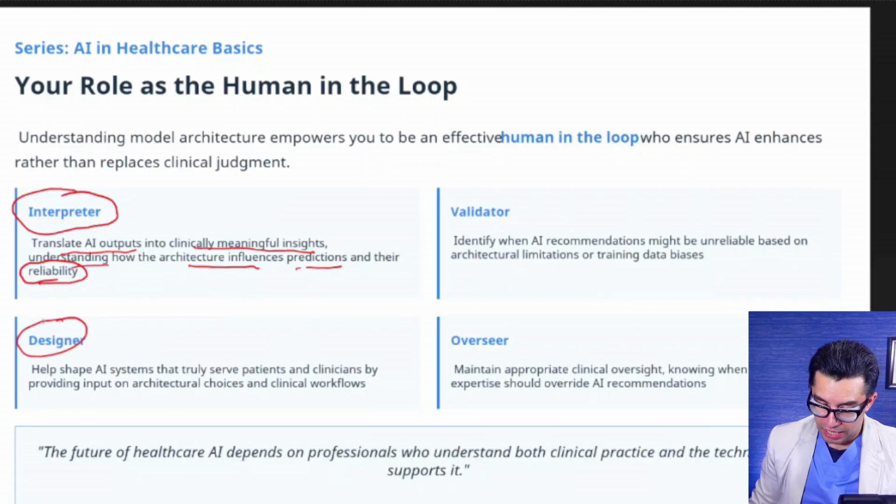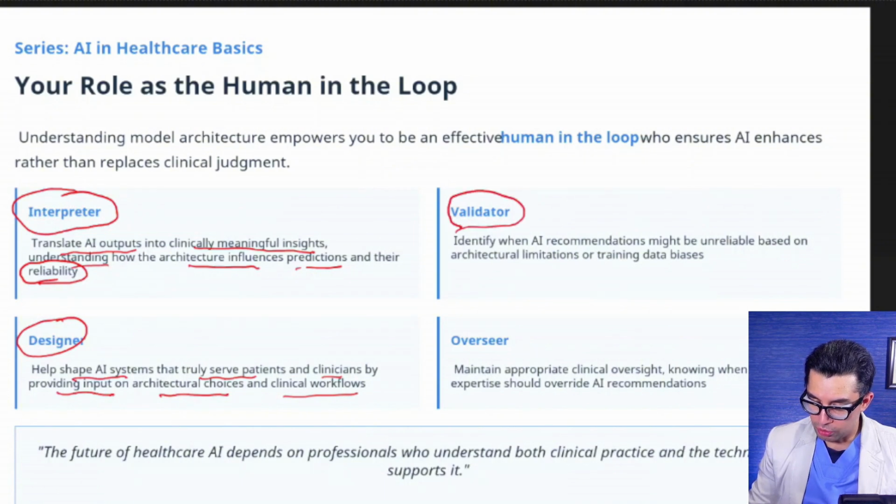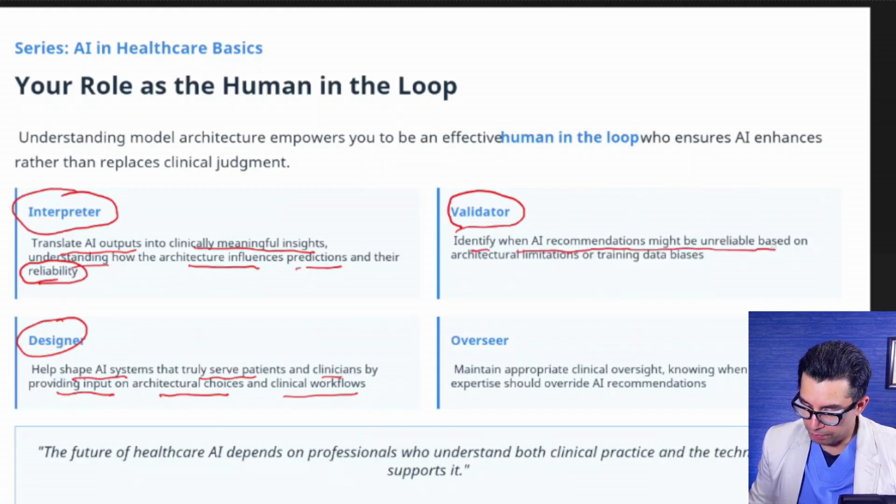Then designer helps shape AI systems that truly serve patients and clinicians by providing input on architectural choices and clinical workflows. Validator, a very important role is of a validator. Identify when AI recommendations might be unreliable based on architectural limitations or their training biases. And then overseer.